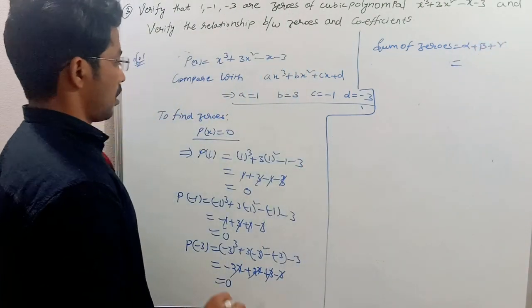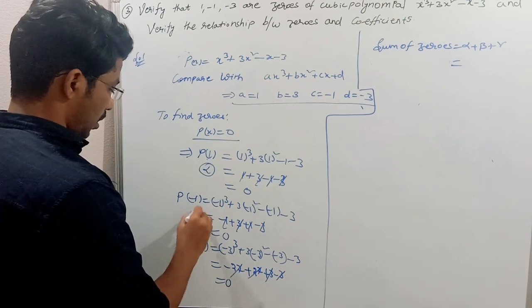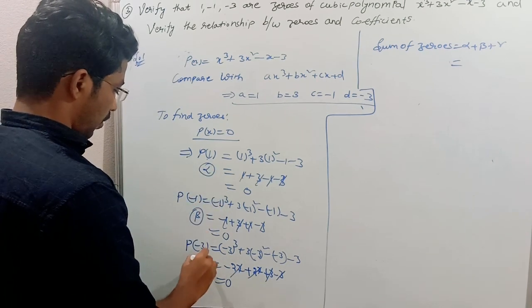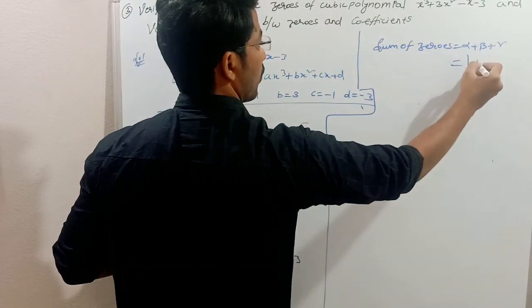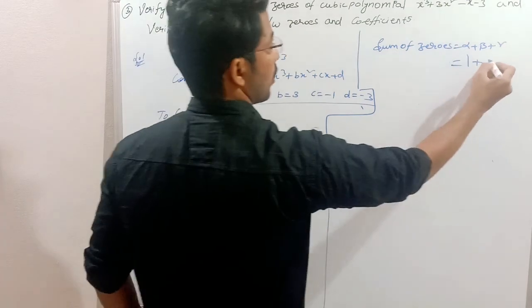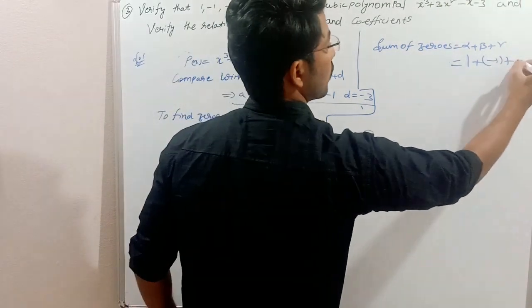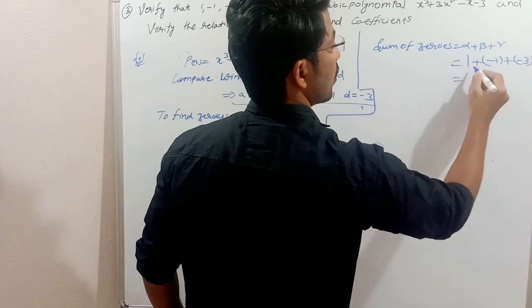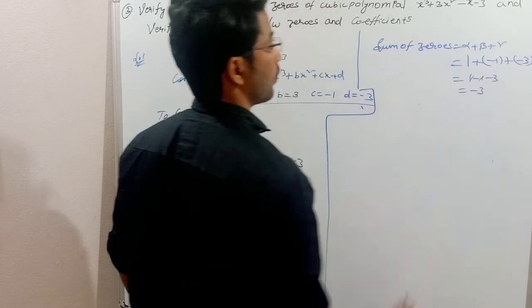If I consider this one as alpha, this one as beta, and this one as gamma, then alpha is 1 plus beta is minus 1 plus gamma is minus 3. 1 minus 1 minus 3. 1 gets cancelled and we get minus 3.